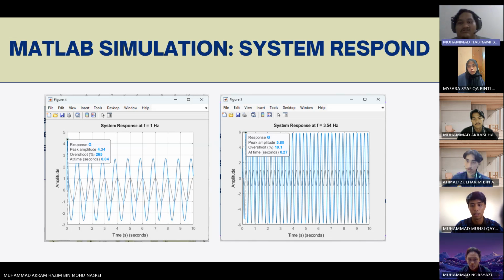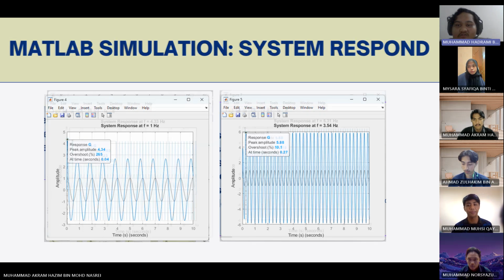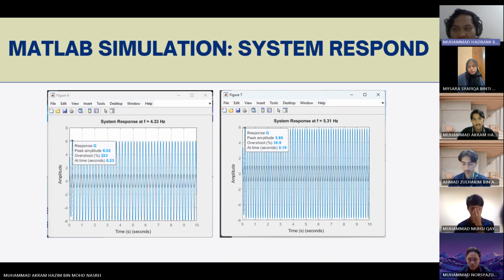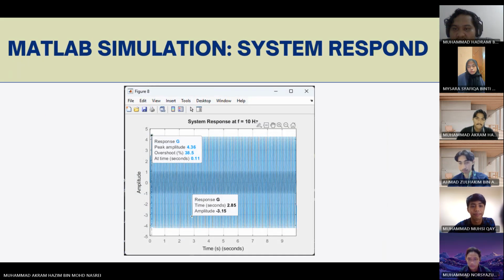You can also see for 4.33 and also 5.3 hertz, the voltage is amplified as well. And for 10 hertz, the voltage is amplified to 4.36, I think.